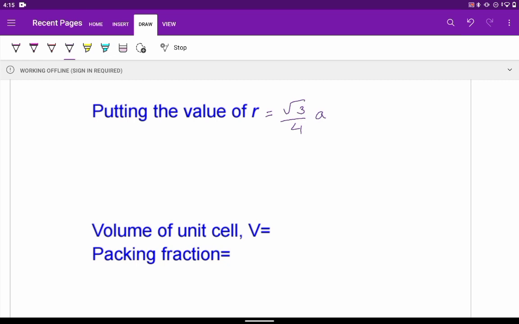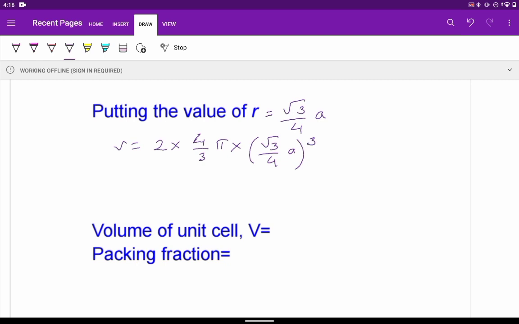This value of r we have to put in the formula I have just written above. So then what will V be? V will be equal to 2 into 4 by 3 pi into r cube. Just now I have written r, that only will be cubed. So it will be root 3 by 4 into a, whole cube.